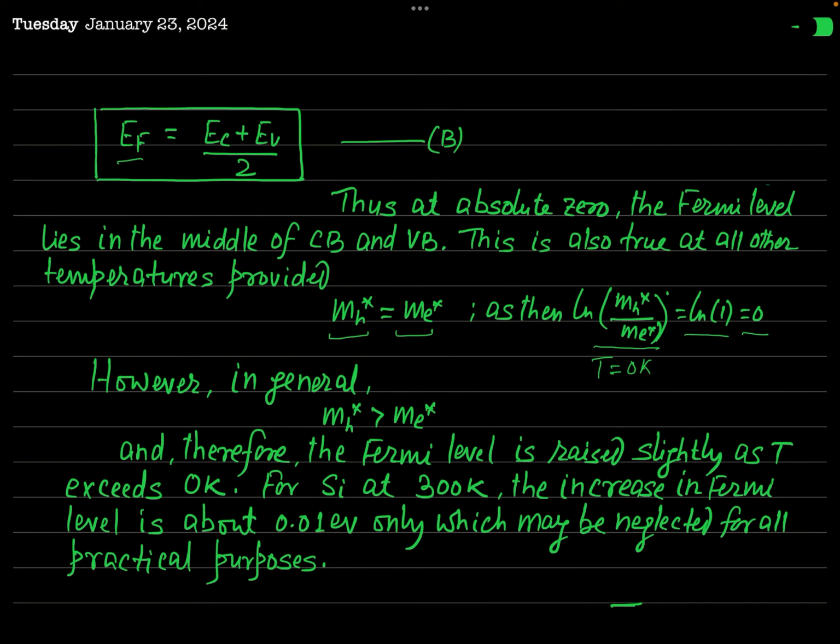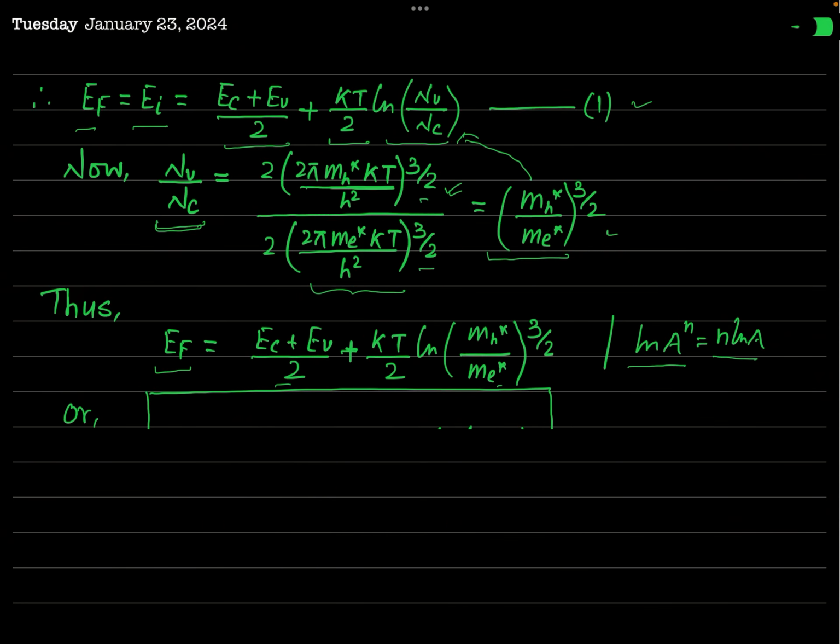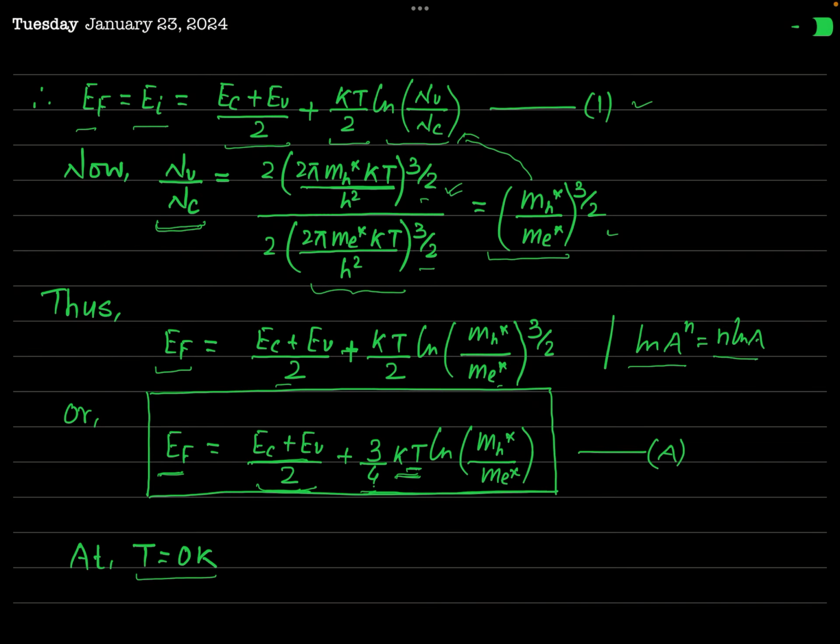So in spite of the fact that T is not equal to 0 Kelvin, if we assume that the effective masses of holes and electrons are equal, then again this second term will vanish, due to the equality of MH star and ME star.